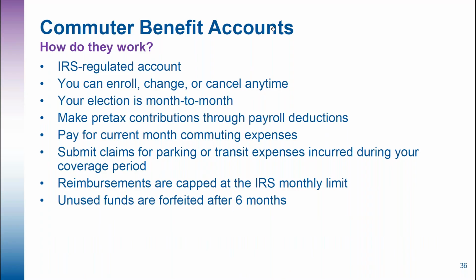So if you cancel your commuter account in February, you have 6 months to use those funds. If you do not use those funds within 6 months, that account is forfeited and you lose the money that's in there. All right, next slide.